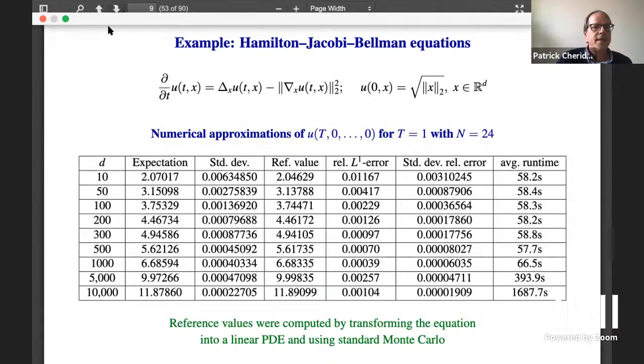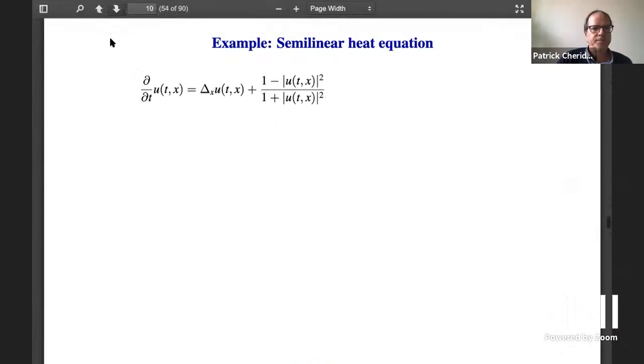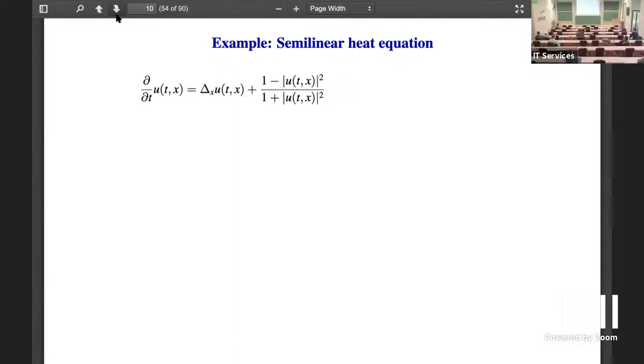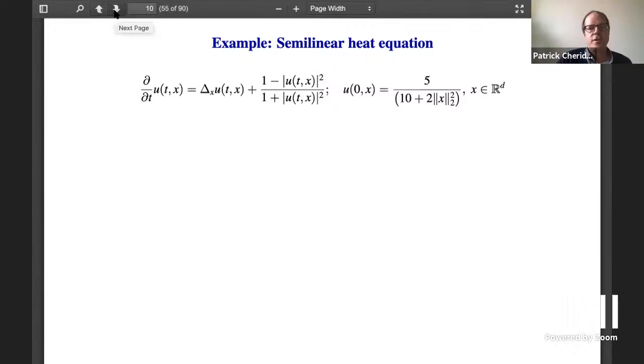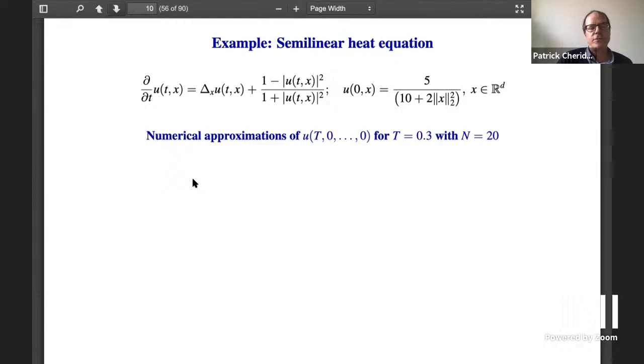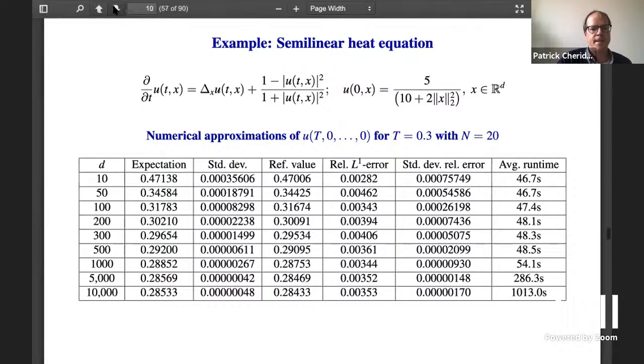Then as a second example, I'm showing you a semilinear heat equation. So it's the heat equation with a nonlinear term here. The initial condition is this one. And I'm showing you approximations of the function value again at time capital T, for T equal to 0.3 here, and space 0.0, for 20 time steps now.